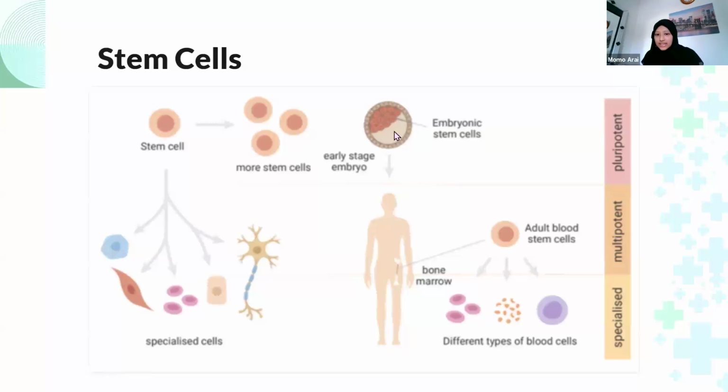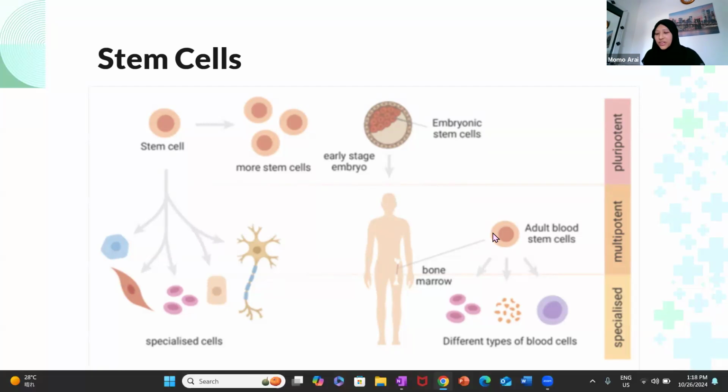And then, okay, so the next point is here. These pluripotent stem cells can further give you, okay, this is kind of confusing, but it can give you multipotent stem cells. Multipotent means that it can give rise to only a specific lineage or specific type of cell.